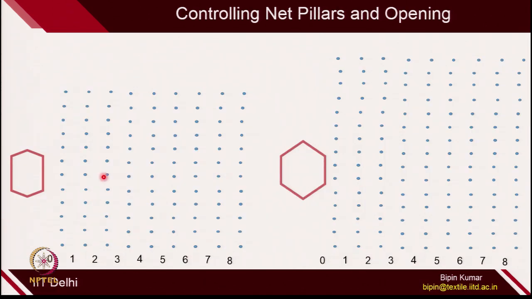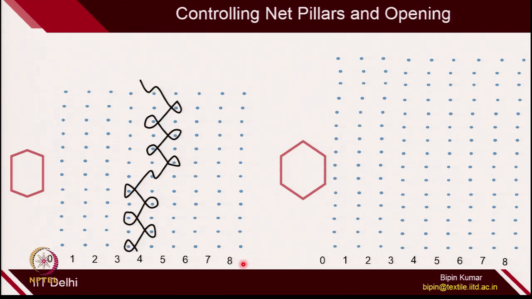So, for example, if you see this particular simple example, just to give you a hint how you can change the dimension of this mesh. So, here is the lapping position of both the guides, and in one case you are doing tricot for 5 courses and then you are doing the transition. You are just doing one transition with the help of one open loop, and then again you are doing 5 courses of tricot.